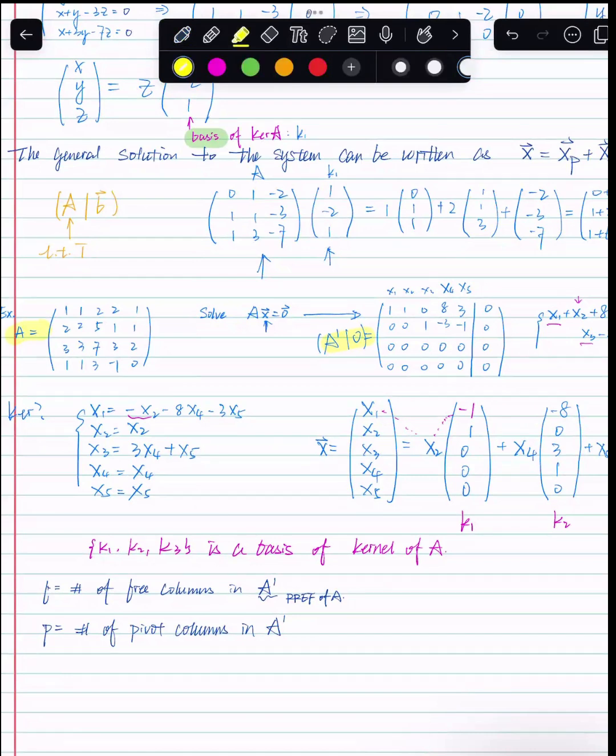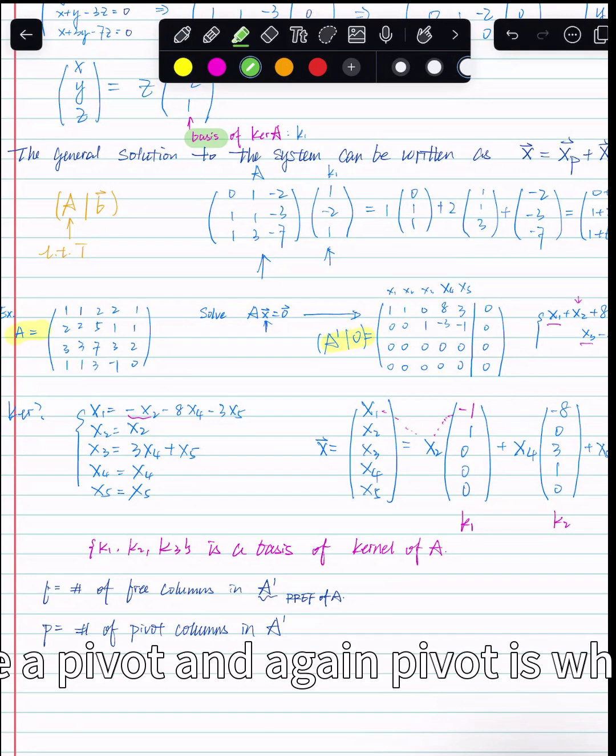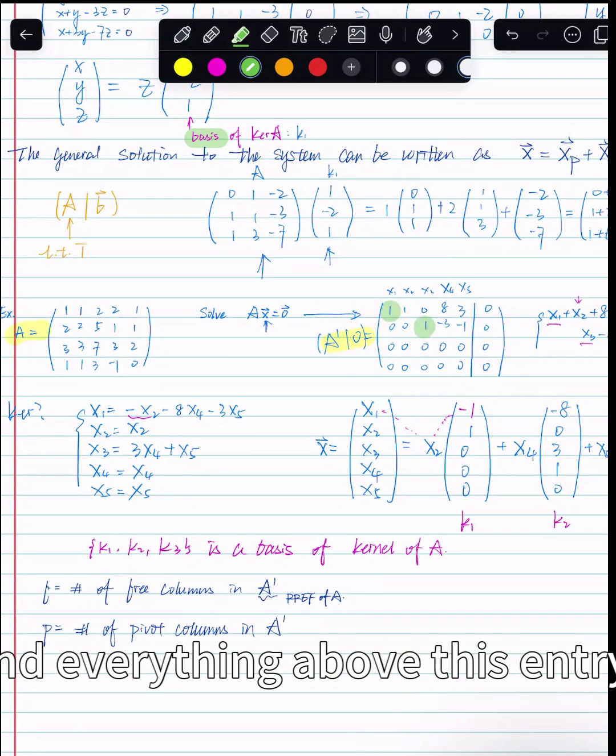So these two mean the number of pivot columns is when we see a pivot, and again a pivot is a leading entry that is 1 with everything above this entry being 0.